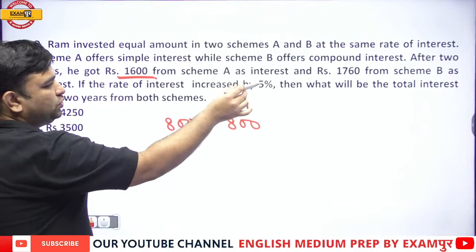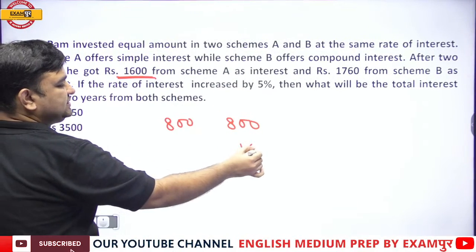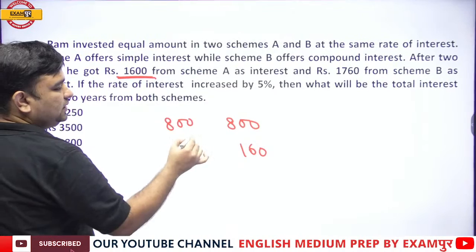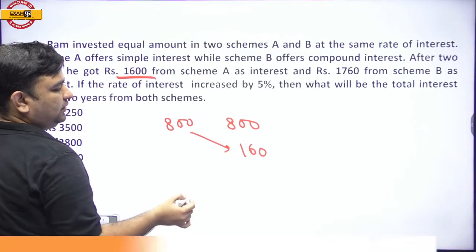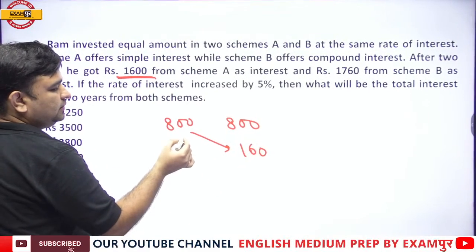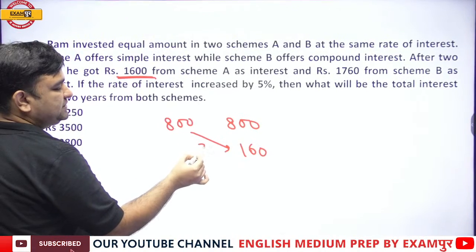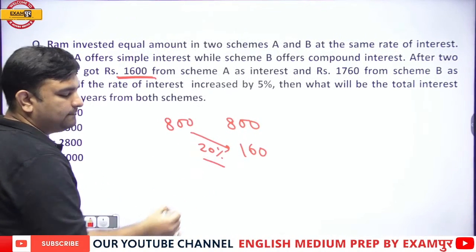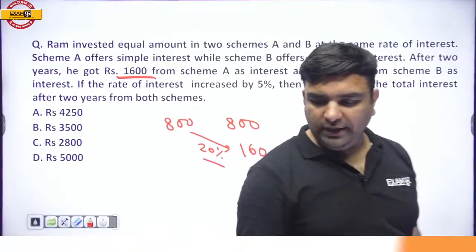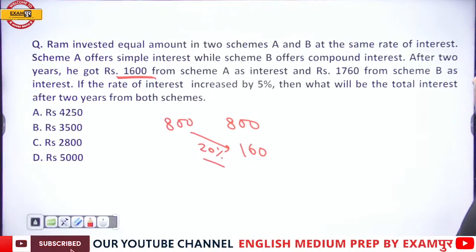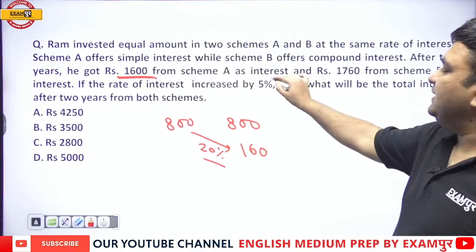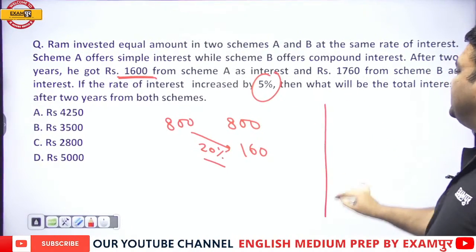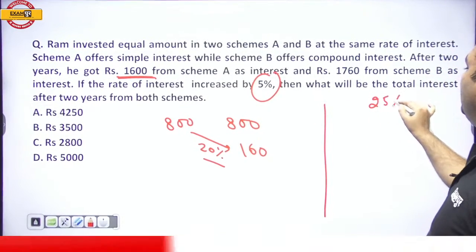How much extra did you get in compound interest? 160 extra. So what is the rate? 10% is 80, so 20%. So the rate is 20%. If the rate increased by 5%, that is a 25% rate now.